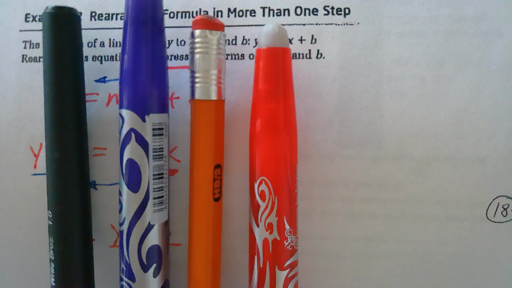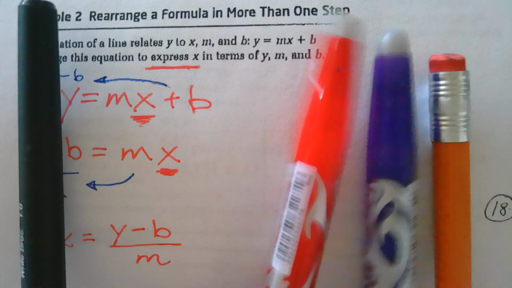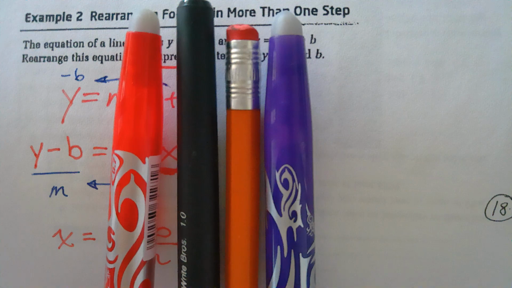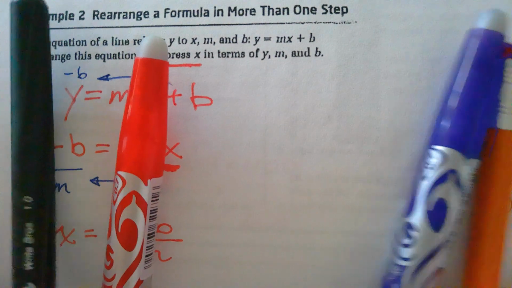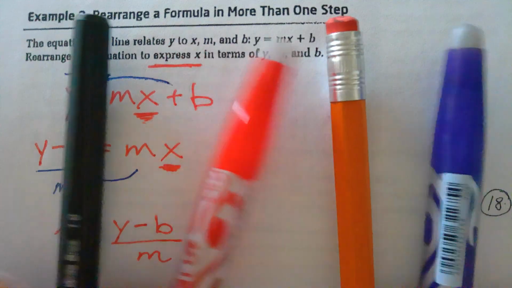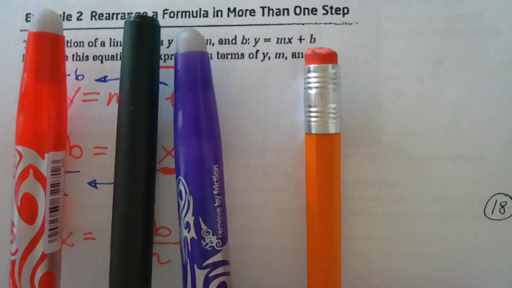How many pencils do I have here? 4 of them. All I'm doing is rearranging the order of these pencils. No matter how I arrange it, how many of them do I still have? 4. That's the purpose of today's lesson. I'm not changing anything about the equation, not changing how many pencils I have. I'm just putting them in a different order.